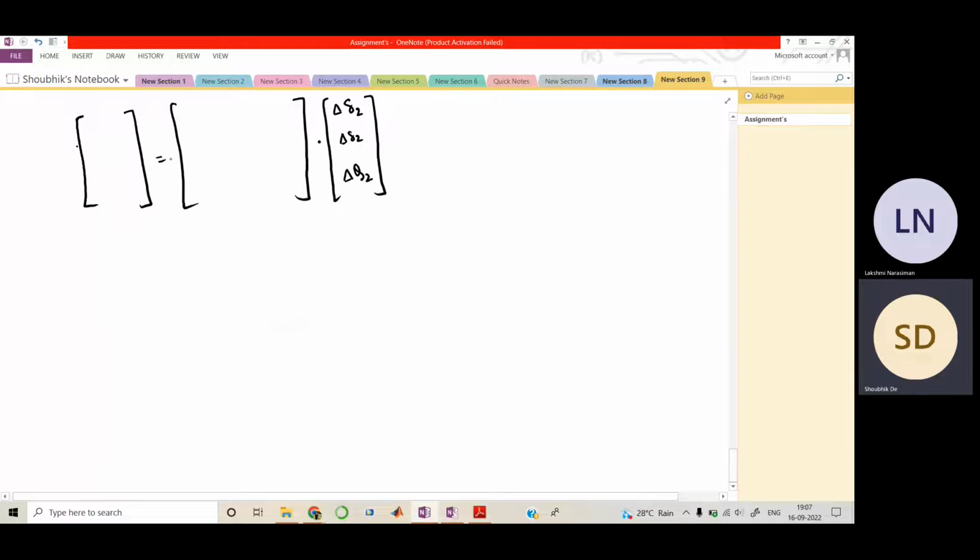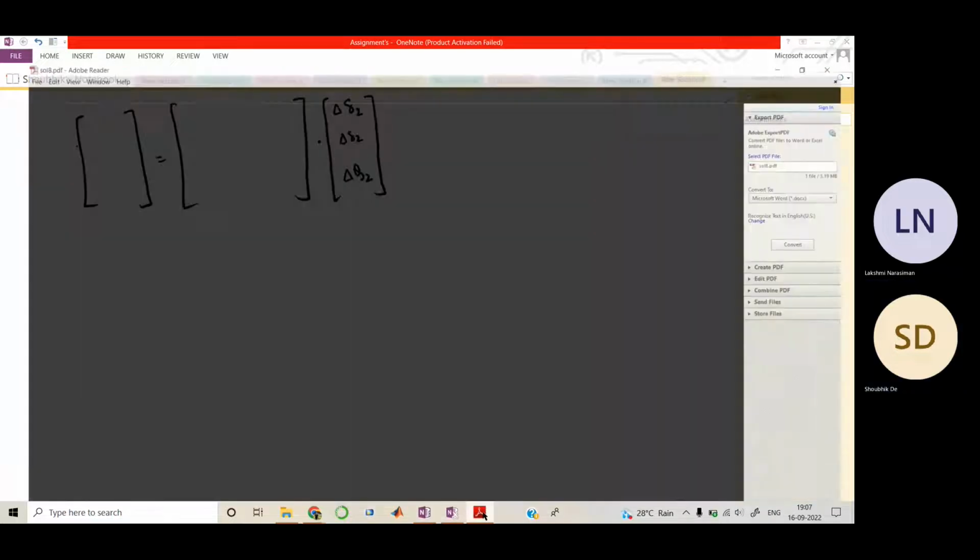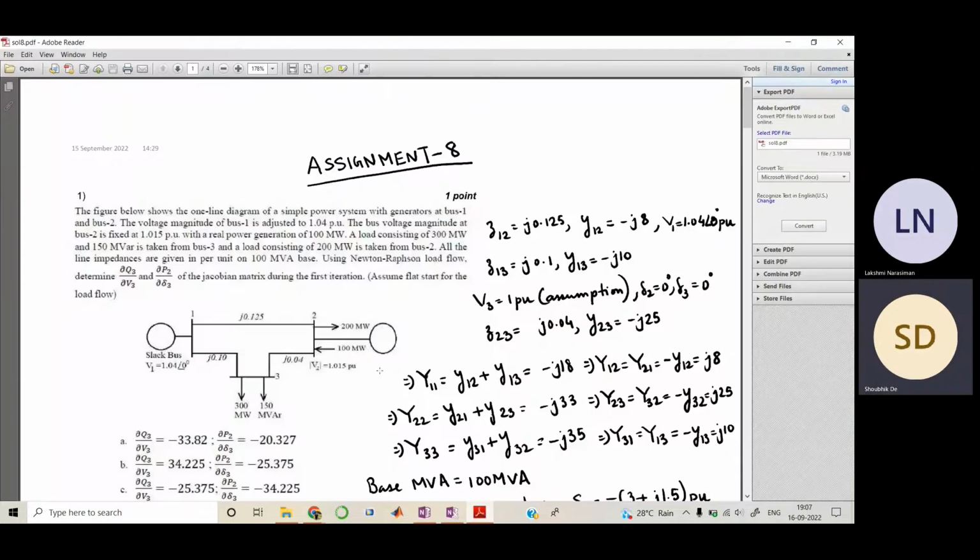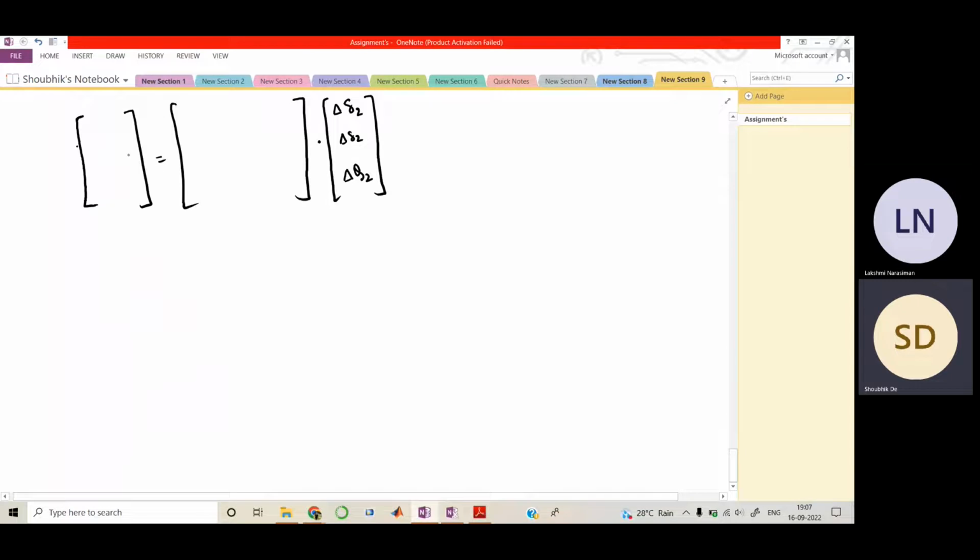These are the unknowns. The knowns are the real power at bus 2 and 3, so this would be del P2 and del P3, and we also know the reactive power of bus 3, since that is a PQ bus. Now we can construct the Jacobian matrix.